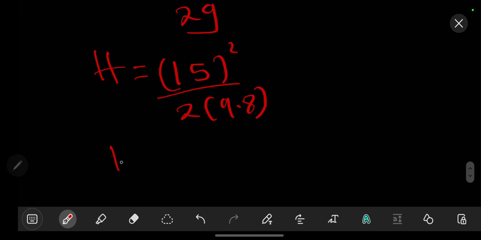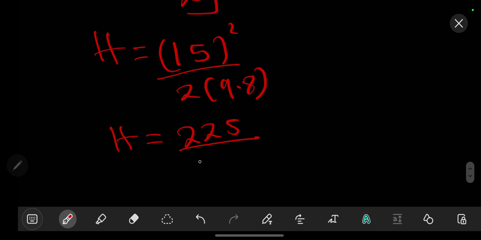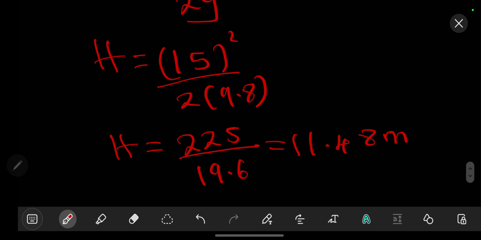So this gives you h equal to 15 squared, which is 225, over 2 by 9.8, which gives you 19.6. When you divide this value, you still get 11.48 meters.